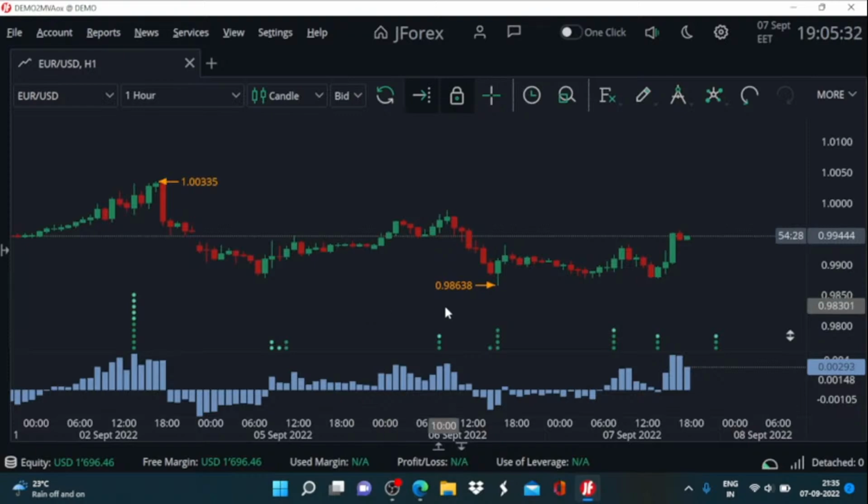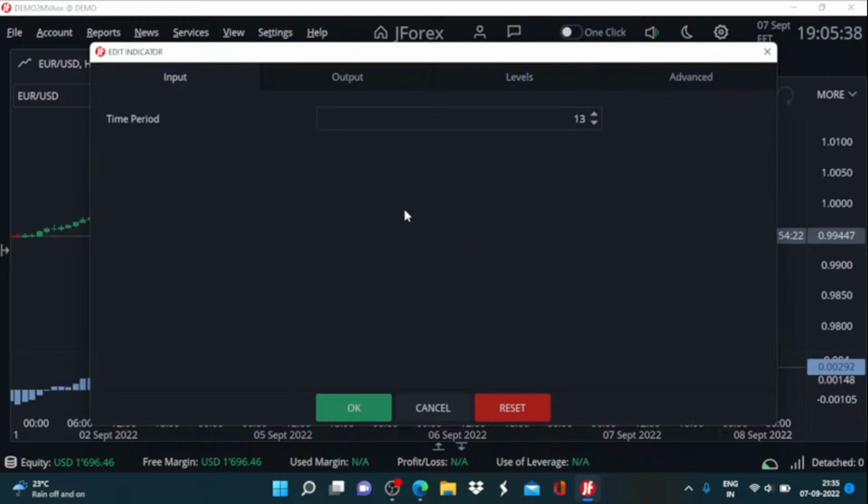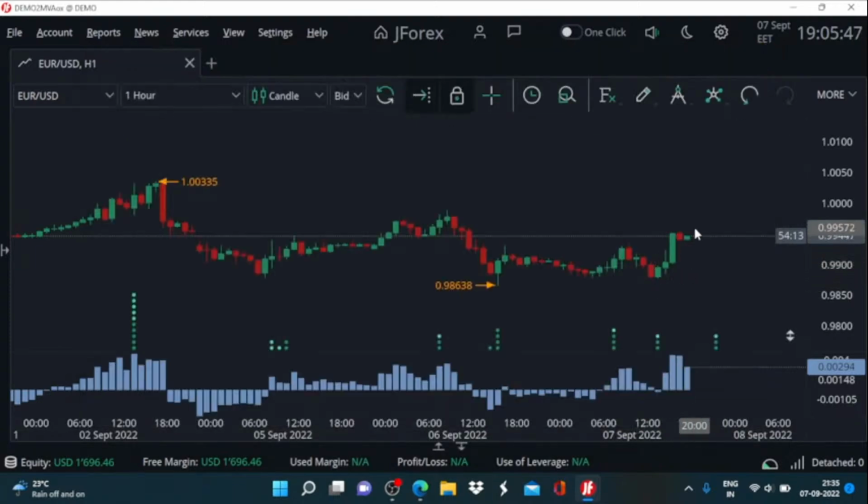But I think for customization option on this platform, we probably don't have that option here. All we can edit is the calculation period. So the concept is based on this price deviation from the average price, and then the average price can be of any type, the SMA, EMA, or any other moving average for that matter.